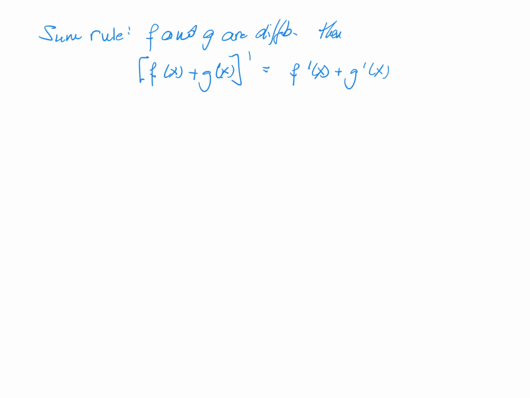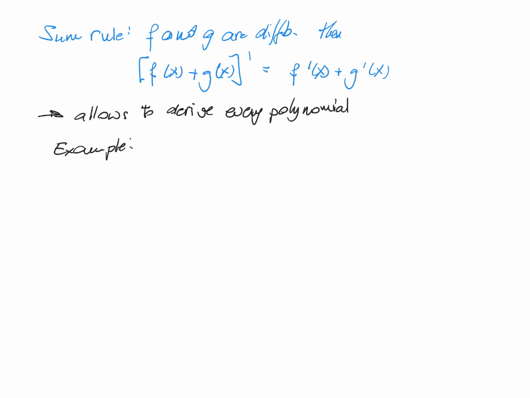So with these rules, you can already derive every polynomial, because a polynomial is just a sum of terms of x to some power multiplied with a constant.